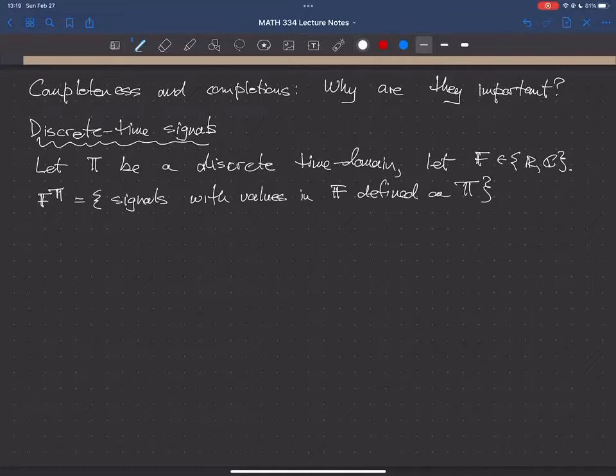For continuous time signals, we'll see this is really not very meaningful because of the complicated structure of the time domain. But for discrete time signals, this is absolutely a sensible thing to talk about.